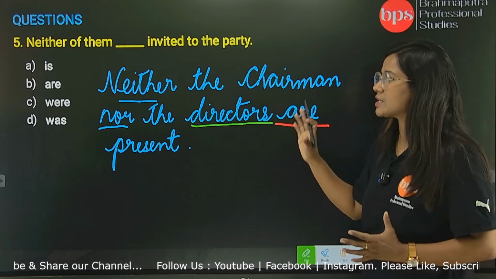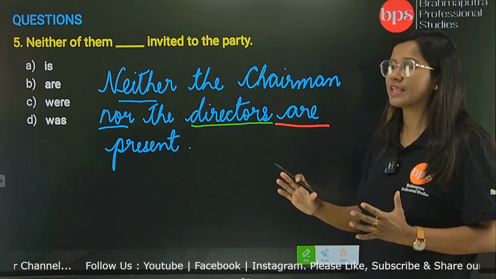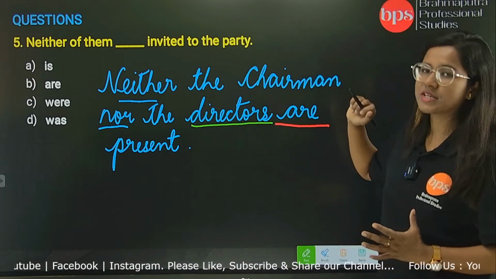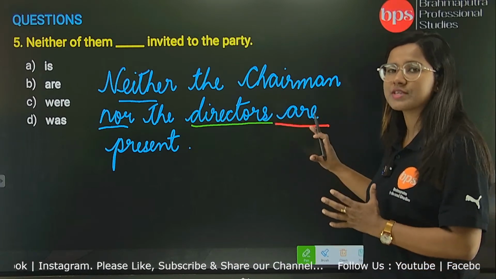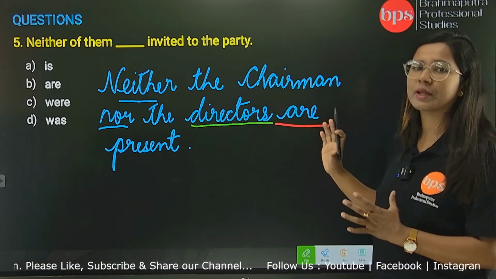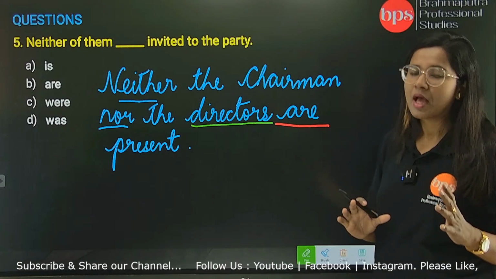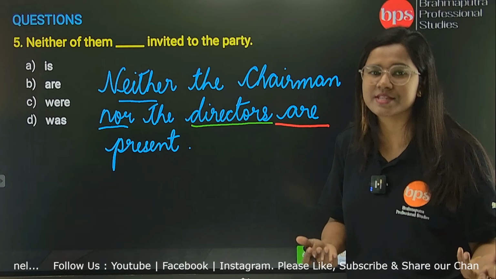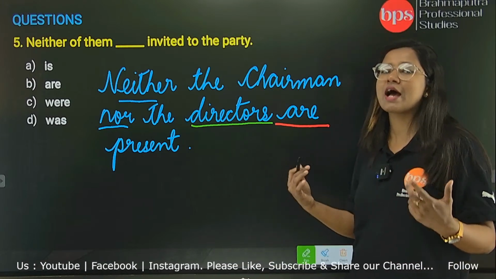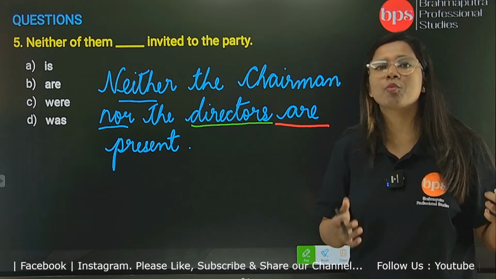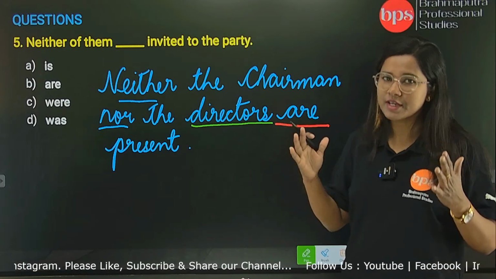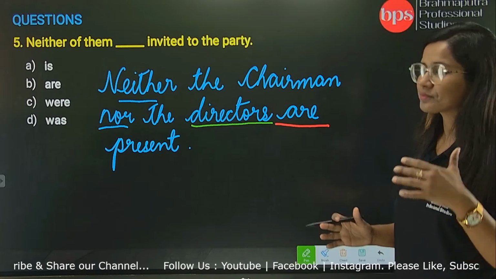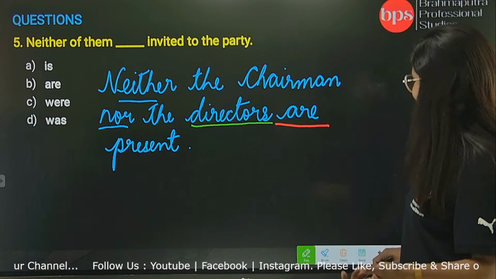So basically the sentence is framed in this way that we will never put the plural form in the first stage, we will put the plural form always near the verb so that we can put the verb in the plural form. But these kinds of sentences are very rare in your exams because questions are asked basically on the singular form of neither nor, either or. Yes, you can understand what I am trying to make you understand.